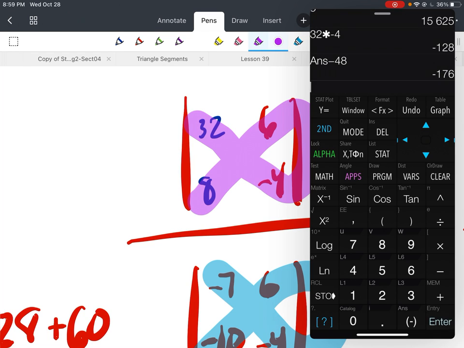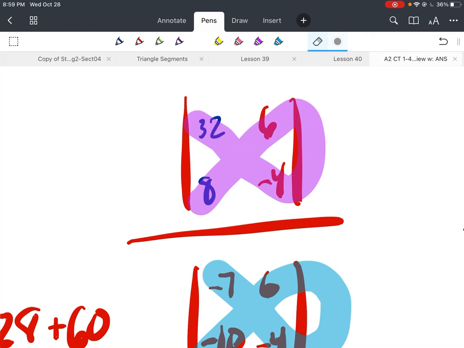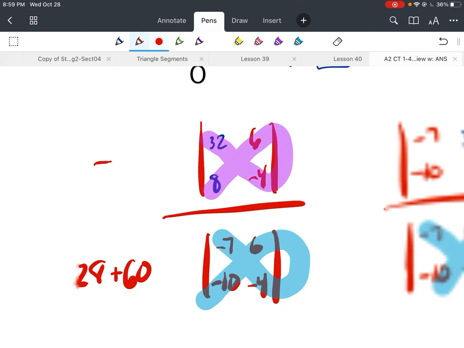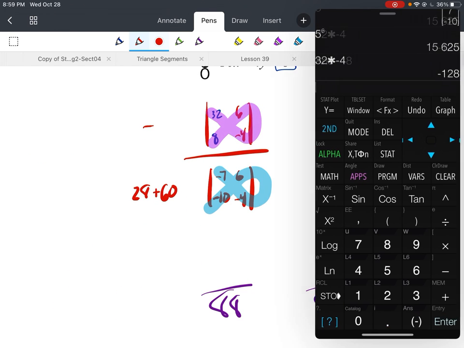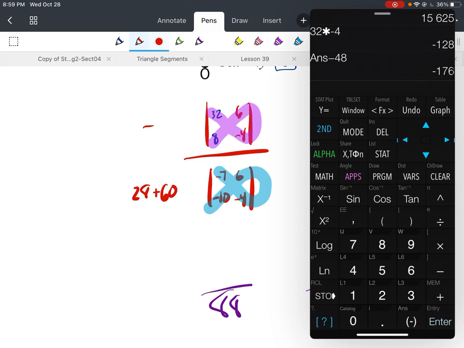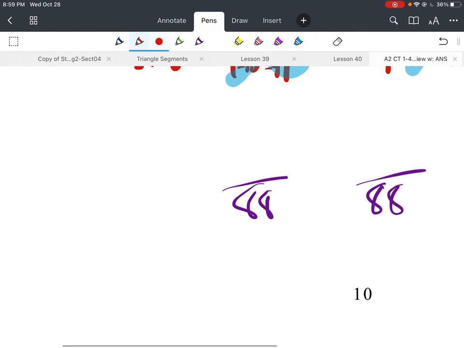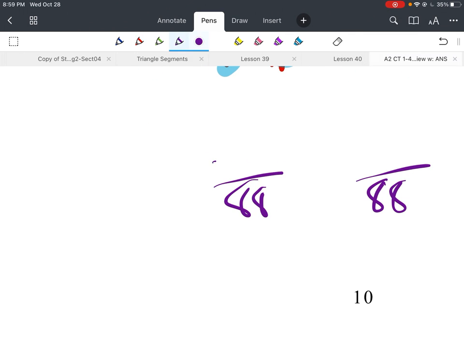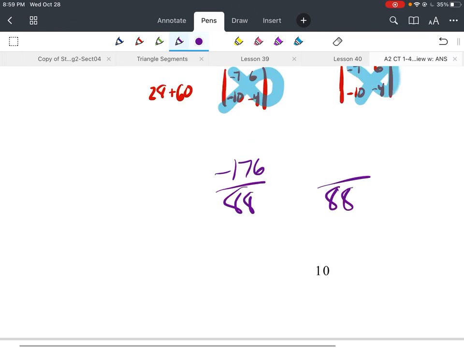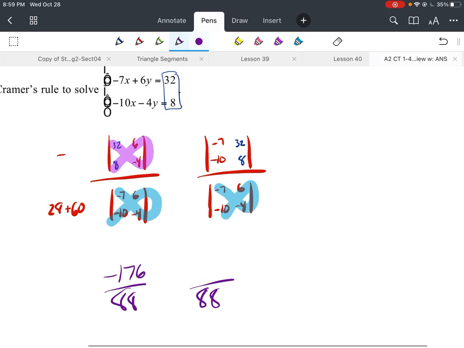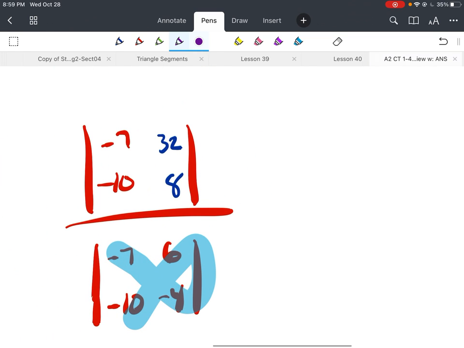So 128 minus 6 times 8 is 48. So minus 48, and I get negative, yeah, that would be right, negative 176. Okay, so right up here, negative 176. Okay, so that one's done. Let's do this one over here and see what we come up with.